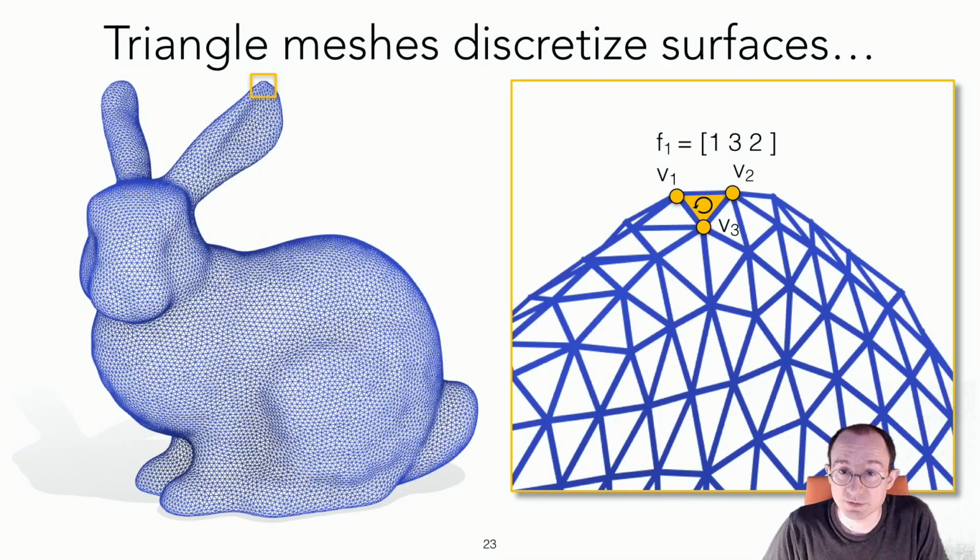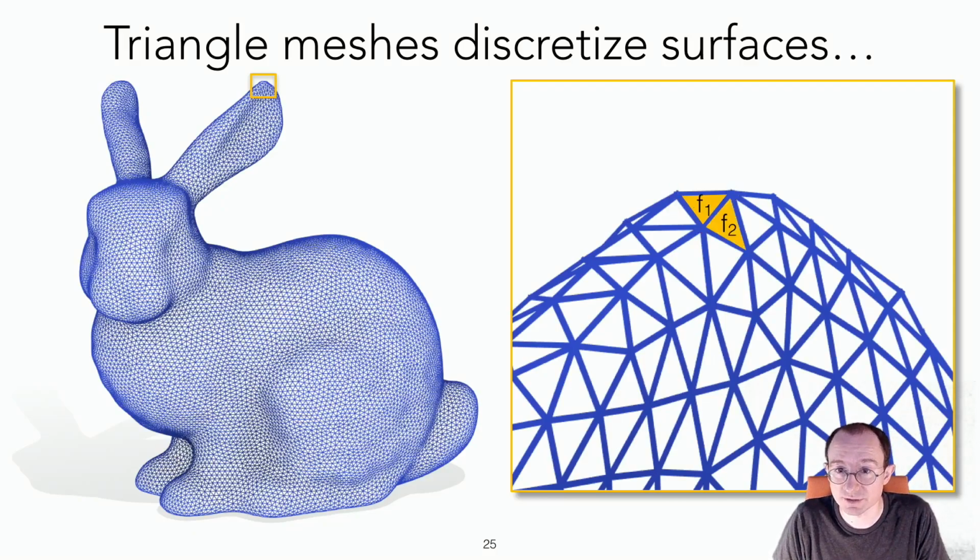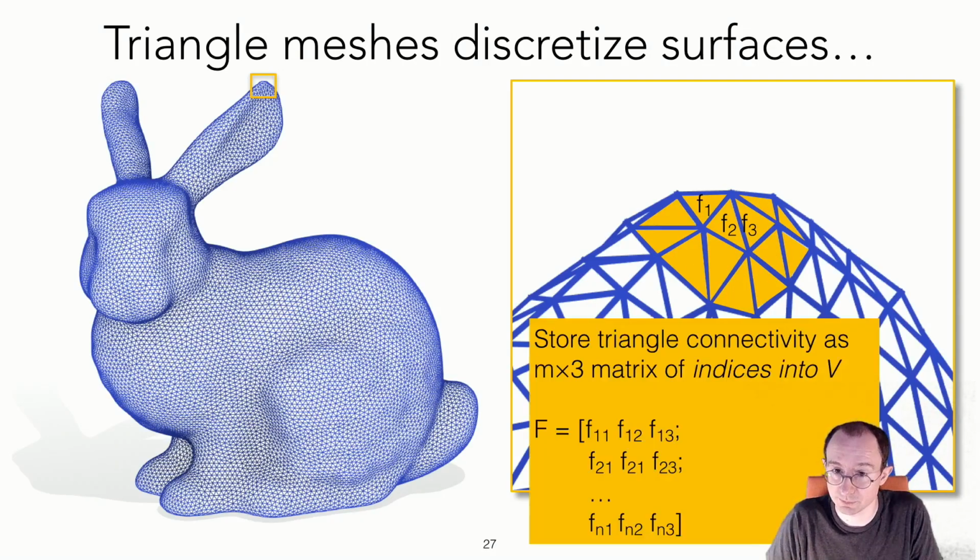So after we have this representation of one single triangle, we can do the same thing that we did before. Now we're going to have many different triangles. We take them all, every one is a triplet of indices, and we stack them together into another matrix. Now this matrix has 1 row for every triangle and 3 columns, because we have 3 indices for every triangle.